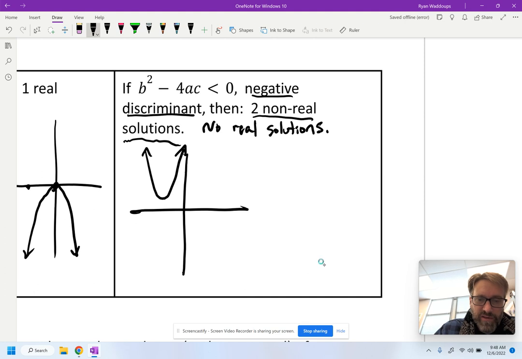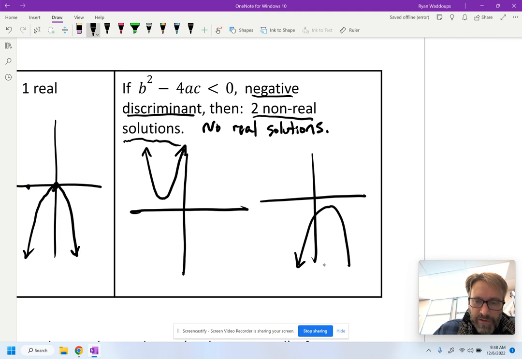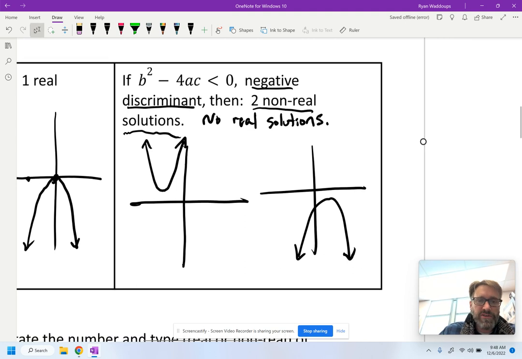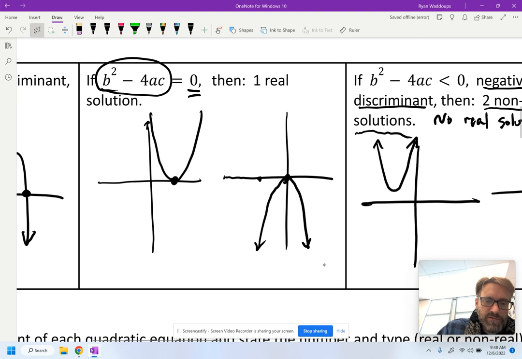And that could be like this, whether it's upward facing and above the x-axis, or downward facing and below the x-axis. But it doesn't touch the x-axis. So therefore it has no x-intercepts. And over here this has one x-intercept.